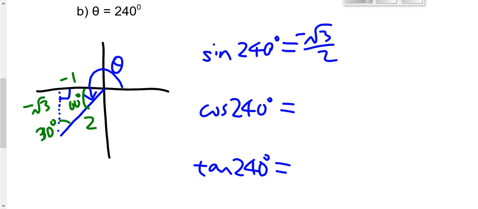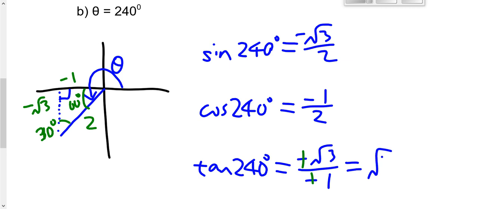Okay, cos 240 is adjacent over hypotenuse, so negative 1 over 2. And then tangent is opposite, negative root 3, over adjacent, negative 1. They cancel out, so that gives you root 3.